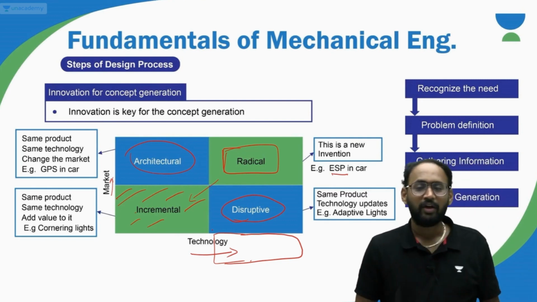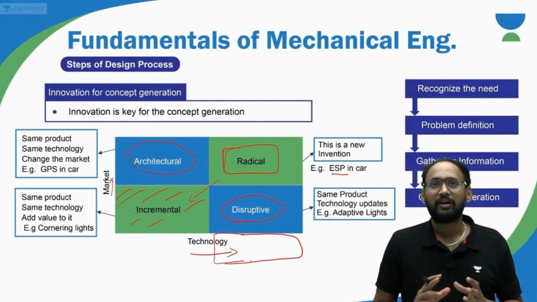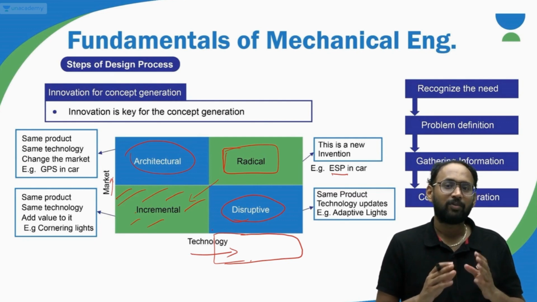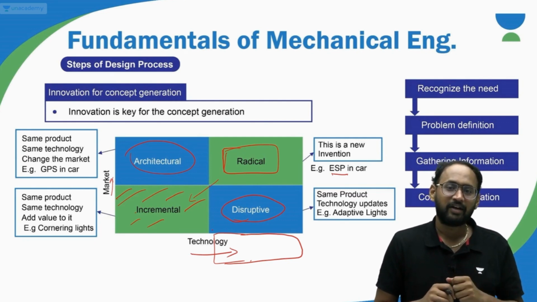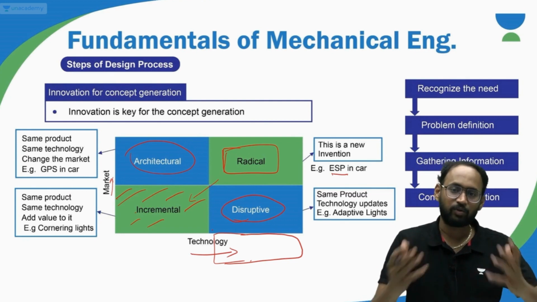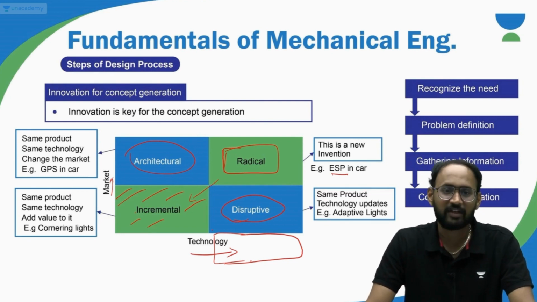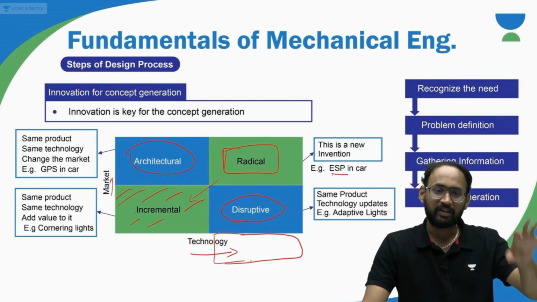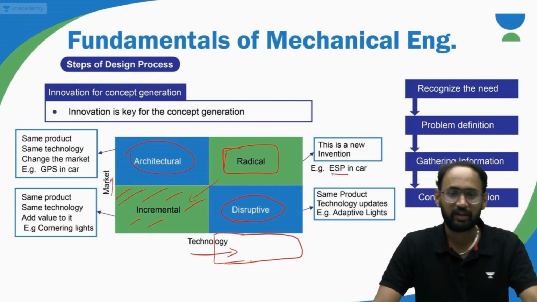You can also think about the example I quoted before, automotive spark plugs and lighters for LPG stoves. It's an architectural innovation. You have this usage in some other area, and you use it in your area.